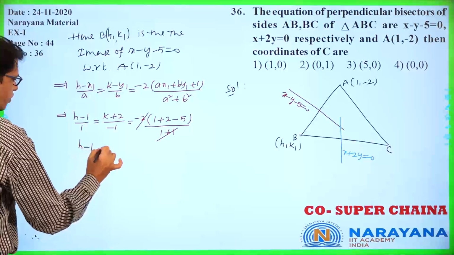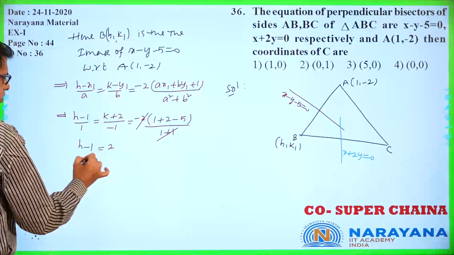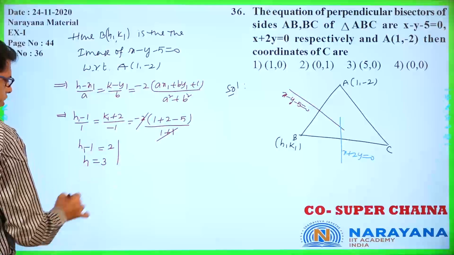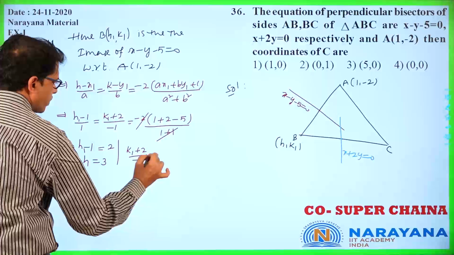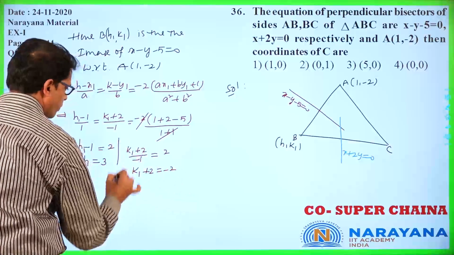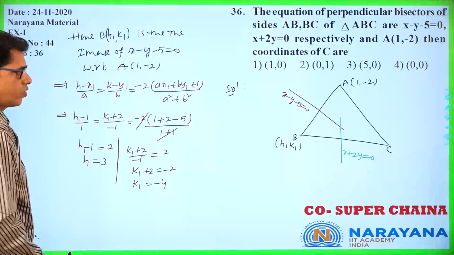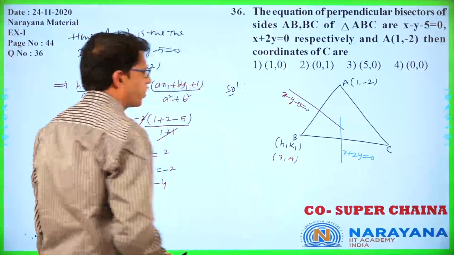So h1 minus 1 equals 2, so h1 equals 3. Then (k1 plus 2) by minus 1 equals 2, so k1 plus 2 equals minus 2, so k1 equals minus 4. So B coordinates are (3, minus 4).